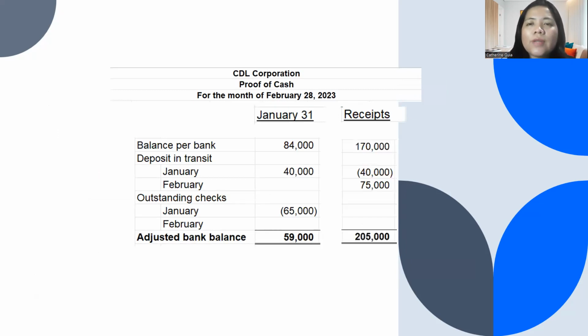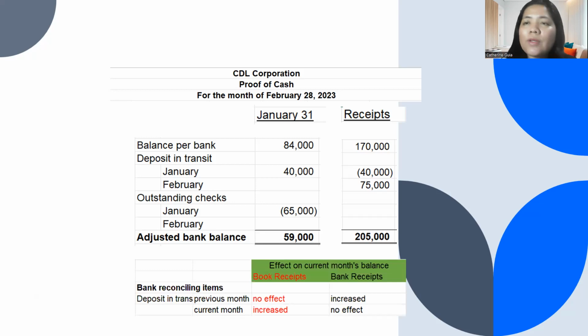Let's move on to the bank. As mentioned, the reconciling items of our per bank include the deposit in transit of the previous month and the current month. Let's analyze this. You will notice that the previous month's deposit in transit does not affect the book receipts but increased our bank receipts, because the bank only recorded the deposit in transit this month.